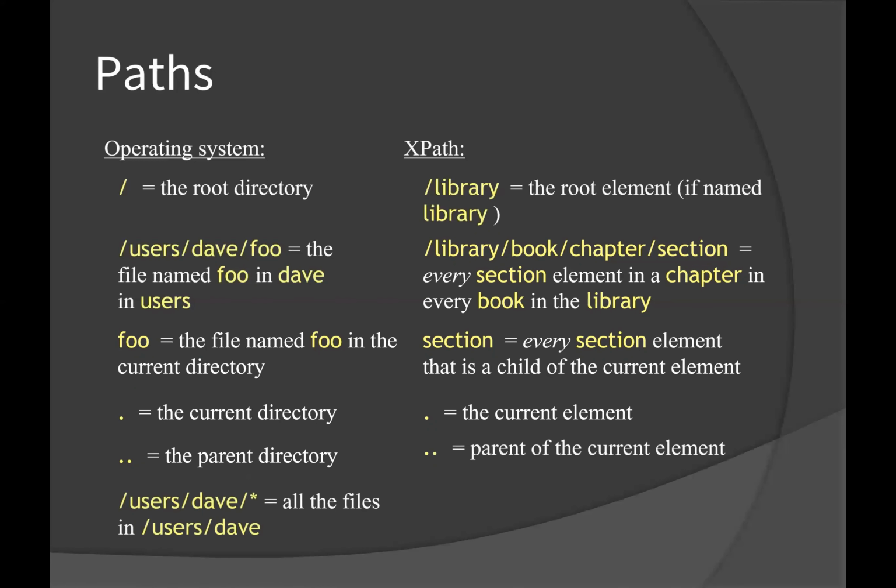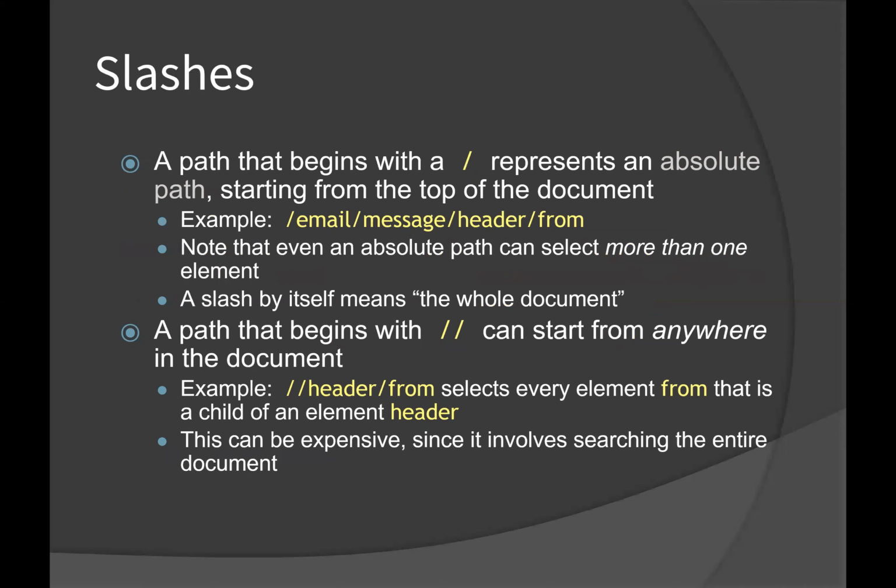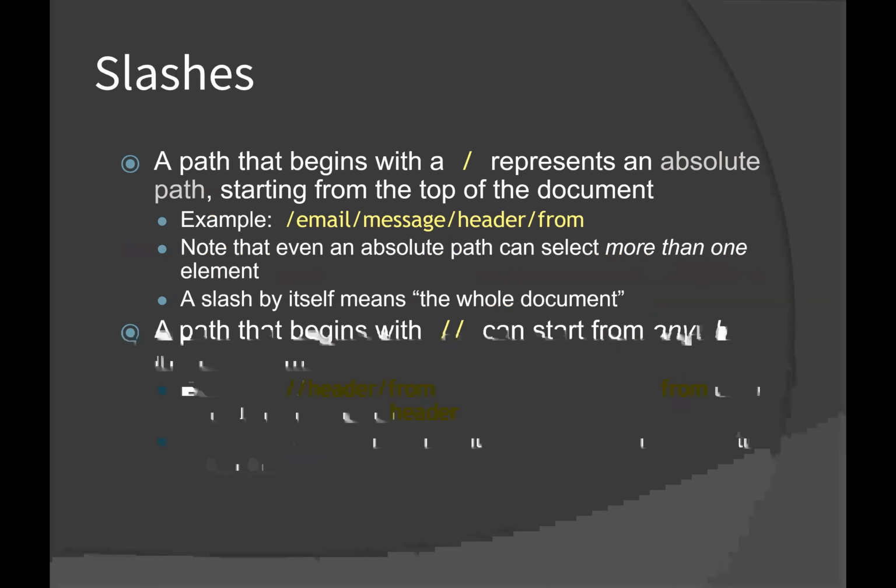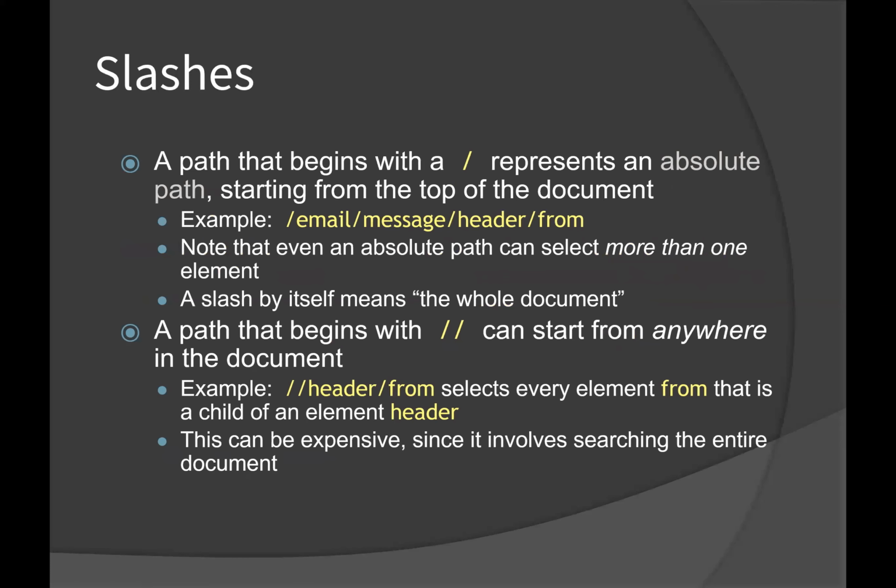It's pretty much the same. We can also use wildcard characters like asterisk for all the files. Here also we can use asterisk. There are also good usages of slashes. A path that begins with forward slash represents an absolute path, and a path which doesn't begin with forward slash is relative.